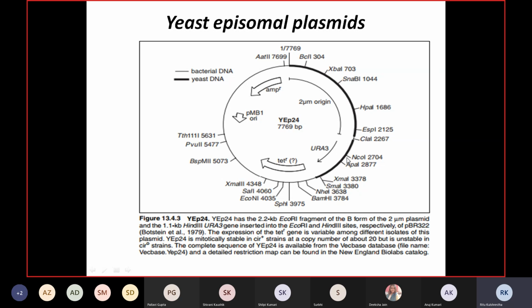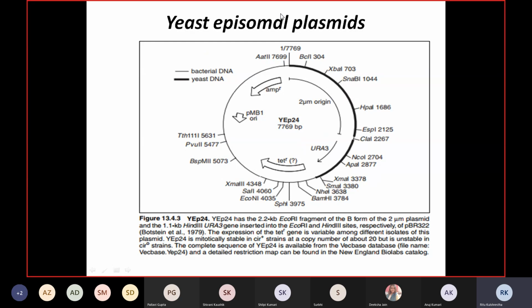In my last class, I introduced you to the fact that if you want to do selection in yeast, then generally auxotrophic strains of yeast are used, and the plasmids have the genes which help in the synthesis of that particular amino acid or whatever product is there. In this case, the plasmid has the URA3 gene, which is involved in pyrimidine biosynthesis. So the yeast strains which take up this plasmid will grow in the absence of pyrimidine, but otherwise, if they have not taken up the plasmid, they will not grow.